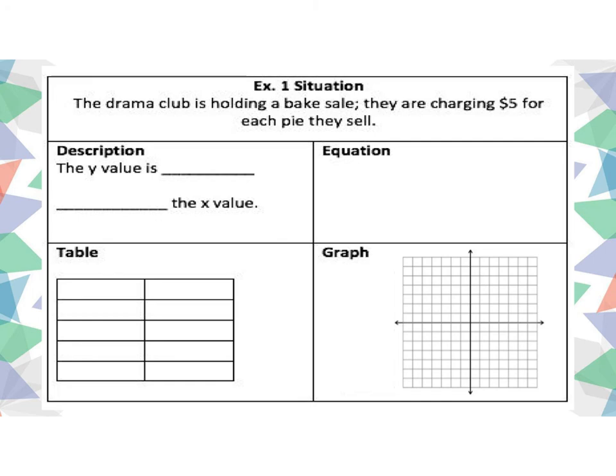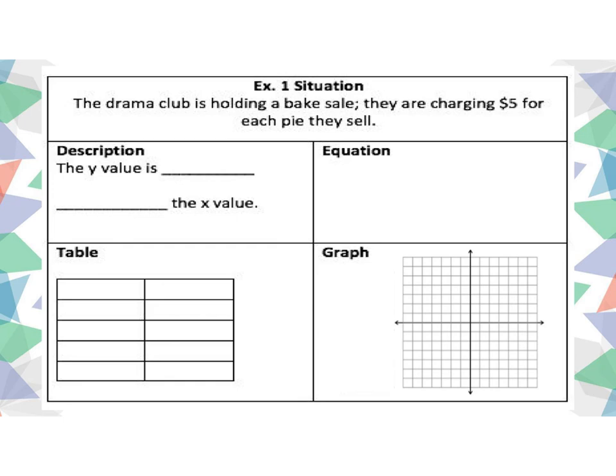The below situation is from our guided practice yesterday. It says the drama club is holding a bake sale. They are charging $5 for each pie they sell. Our X value is the number of pies that are sold, and our Y value is the total money that they made at the bake sale, or the total money that was charged.